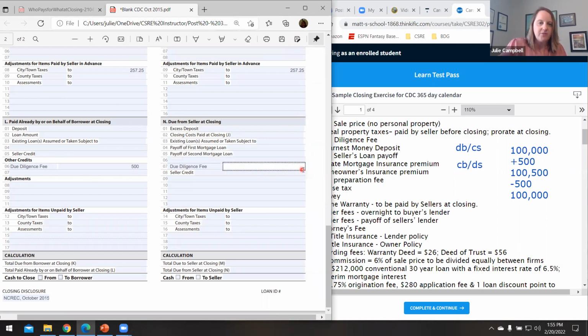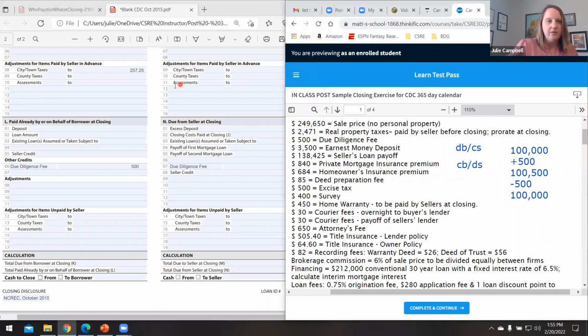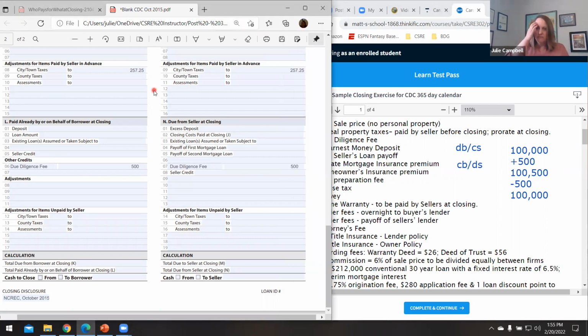And then N7, N as in Nancy 7, debit the seller $500. Credit the buyer, debit the seller. And again, if you're familiar with the form, it says due diligence fee, so it kind of tells you where to put it, but you've got to be familiar with it.